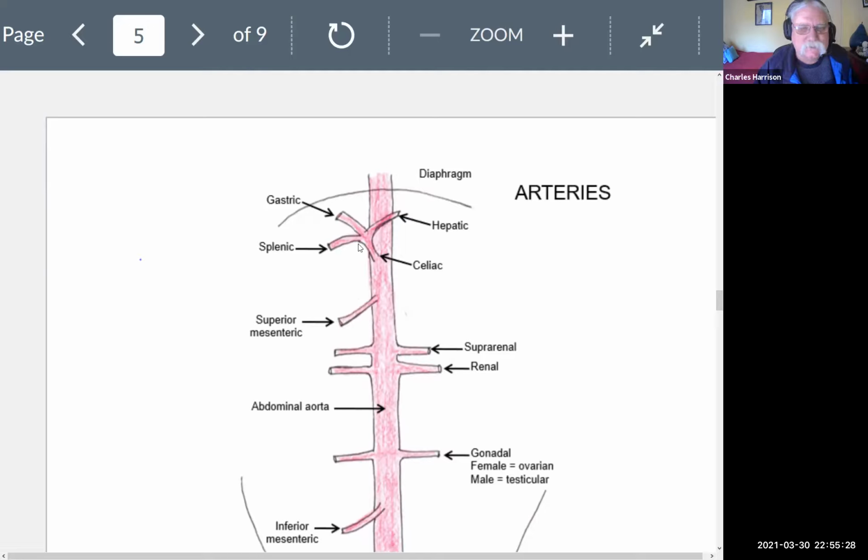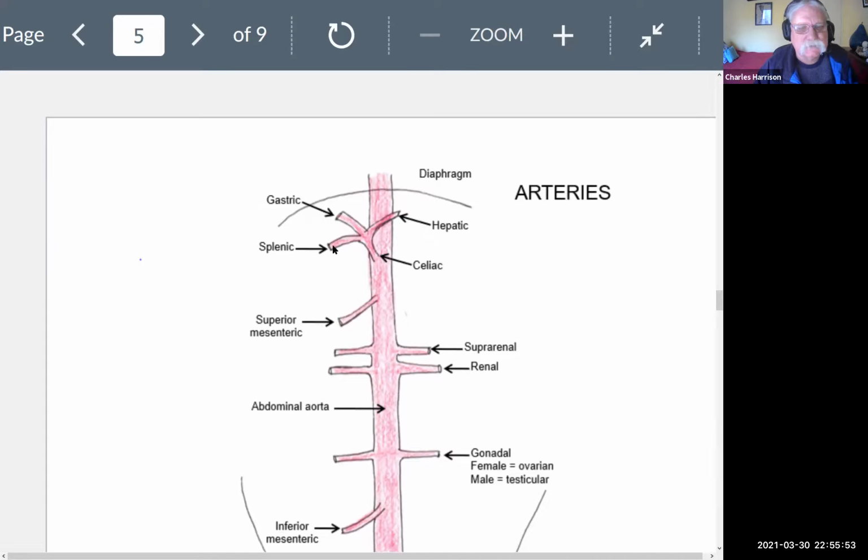Now, that leaves us with this strange one here. Underneath the diaphragm, the first vessel off of the abdominal aorta is this one that splits really quickly and goes to 3 organs. One goes to the liver and is called the hepatic artery.